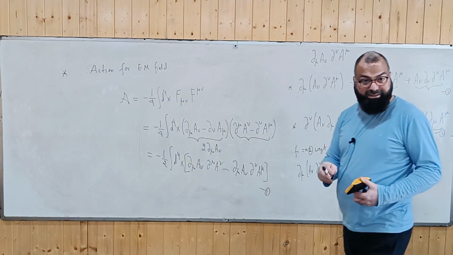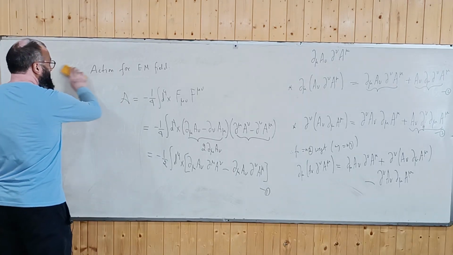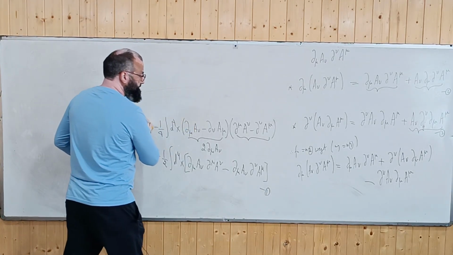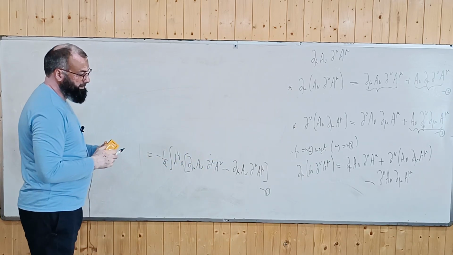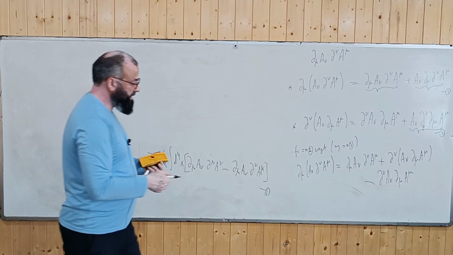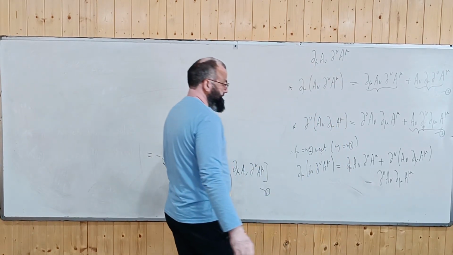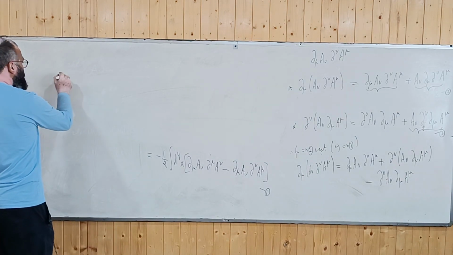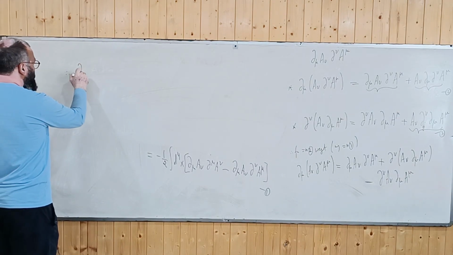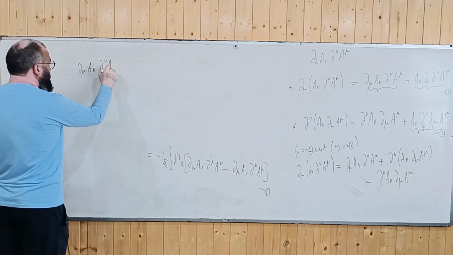So have you written it? So write it. So this is minus. So therefore I can write this partial mu a nu, partial nu a mu.